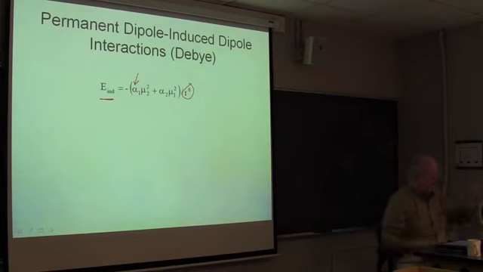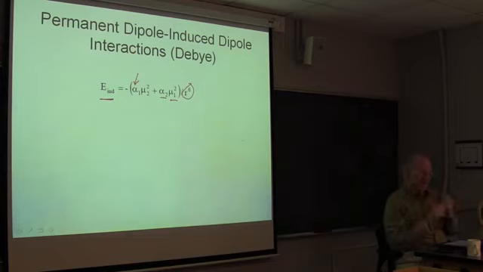Now, if molecule 1 is also dipolar, and something can be polarizable and dipolar at the same time, then molecule type 1 can induce a dipole in molecule type 2, so it's the sum of these pairwise interactions that gives you the net induced energy of interaction between the 2 molecules.